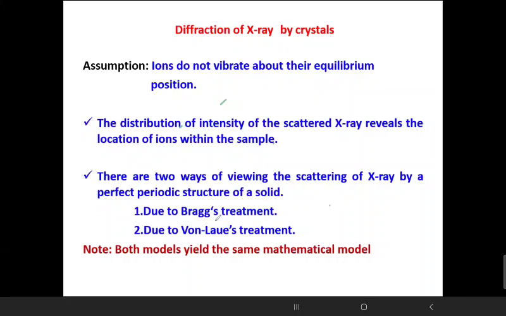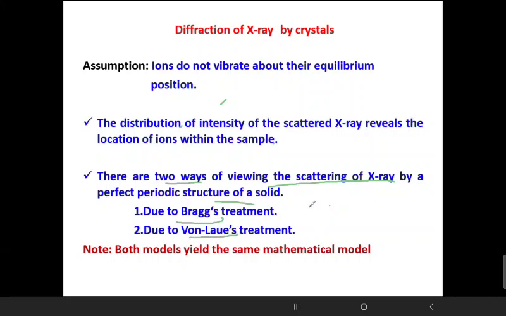The second point is that there are two ways of viewing the scattering of X-ray by a perfect periodic structure of a solid. So there are two treatments. One is Bragg's treatment, which we are going to study, and the other one is von Laue's treatment.